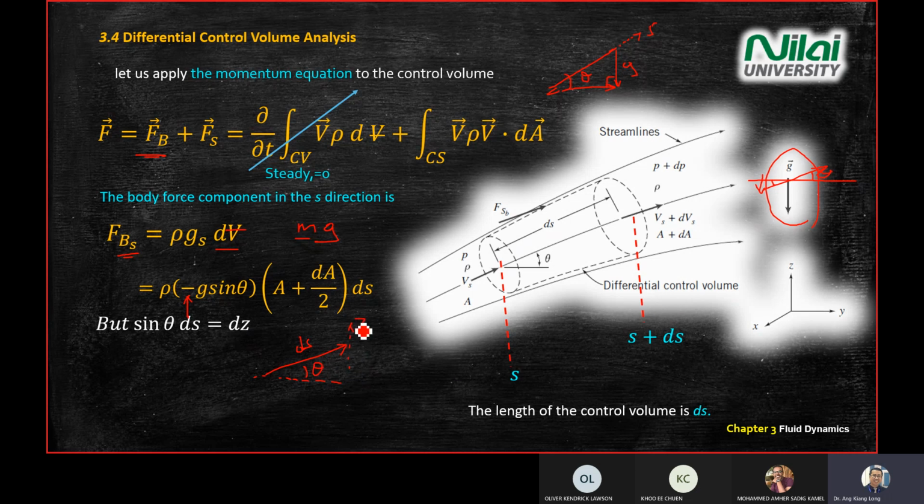This is your z-axis. So the relationship between dz and your ds is a sine relationship. This is the mathematical model derived using the angle over here.